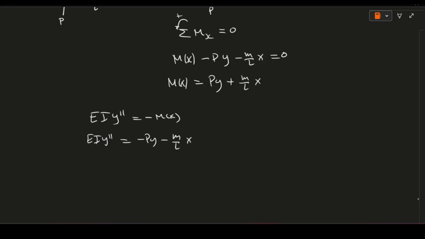If we keep all the y's on one side and all the x on the other side, we get EI y double prime plus Py equals minus M over L times x.